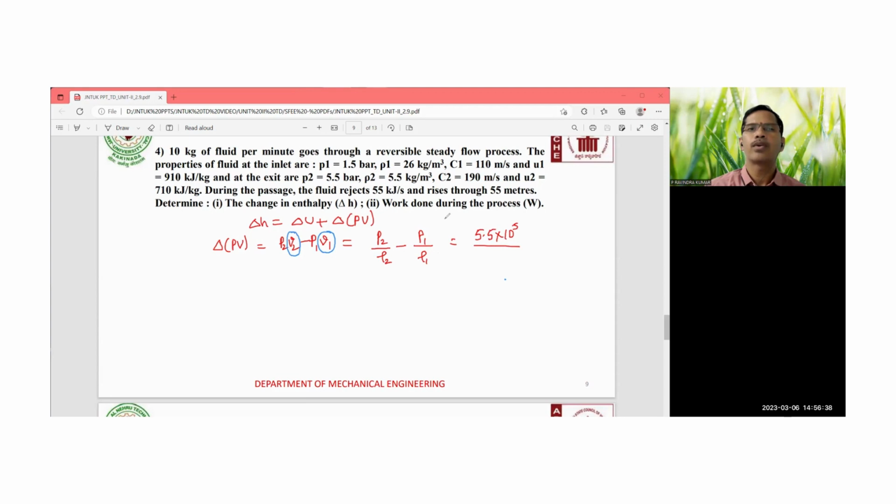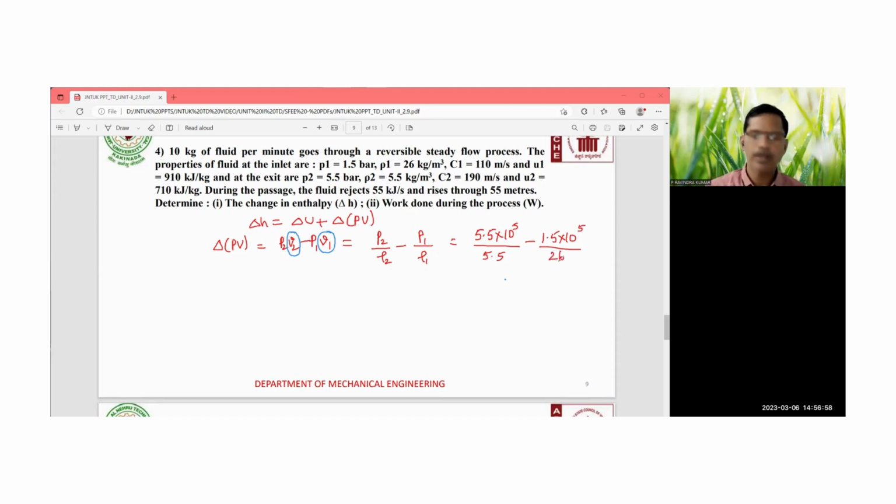And density rho 2 is 5.5 kg per meter cube, minus P1. P1 is 1.5 bar, 1.5 into 10 to the power of 5 Newton per meter square, divided by the rho 1 value, which is 26.